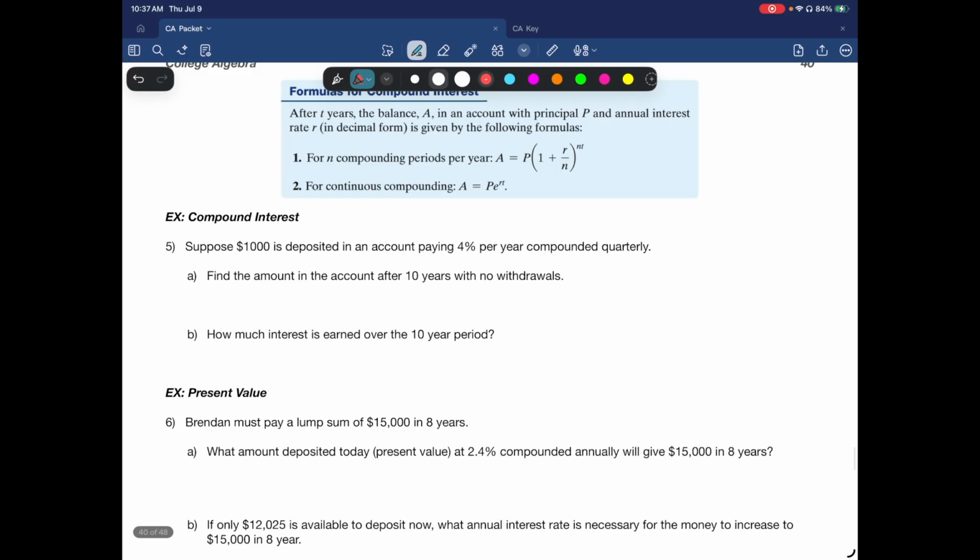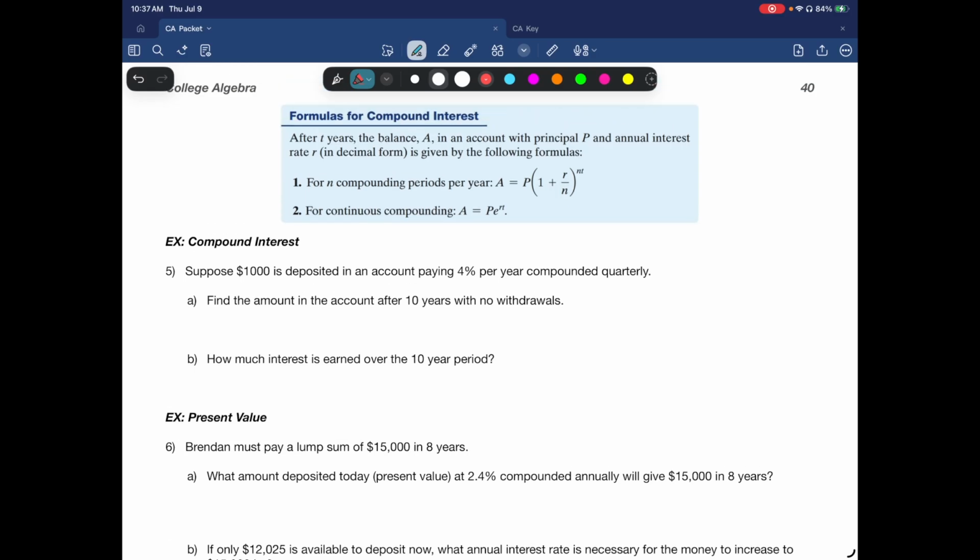All right, compound interest. Compound interest is a beautiful thing if it's working for you. It's a terrible thing if it's working against you. So if you are investing your money in retirement or different accounts, you want that interest to be as high as possible. But if you're buying a house, buying a car, taking out loans, you want that interest rate to be as low as possible.